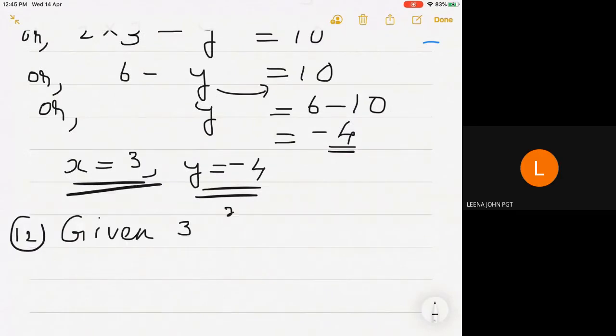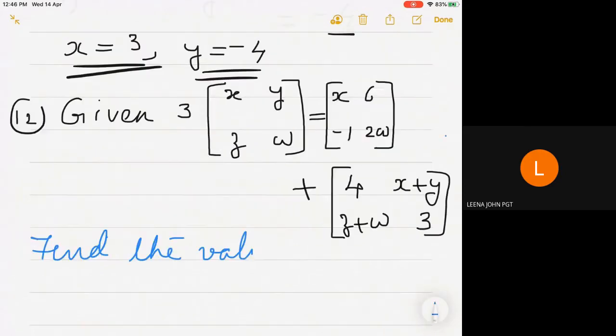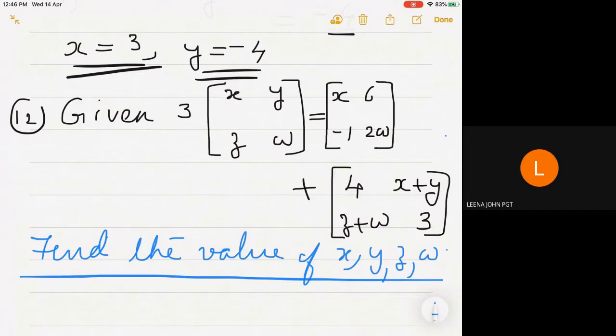Given 3 into the matrix x, y, z, w. Here also we have to do the proper operations which are mentioned in this matrix equation.